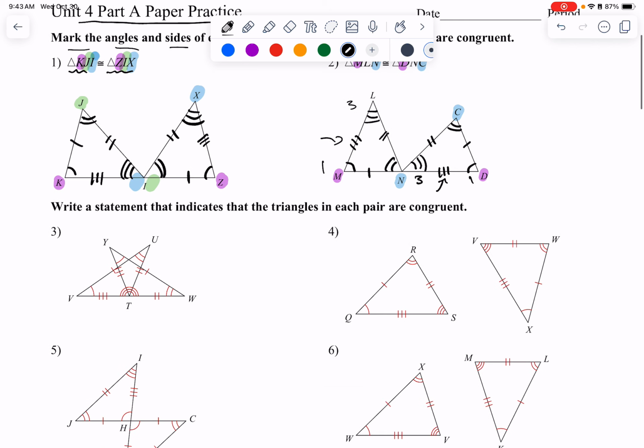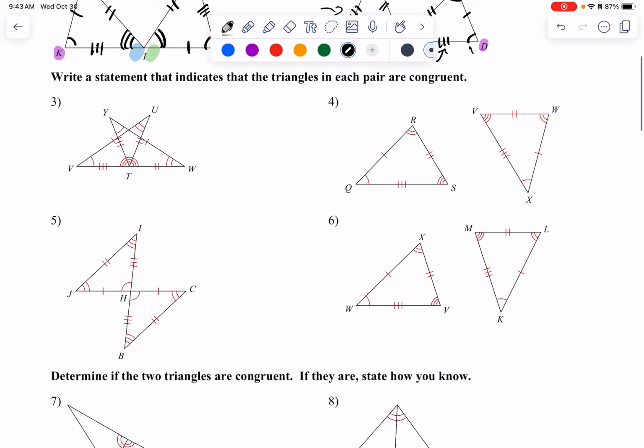There we go. All right, now for these next ones, there are multiple correct answers. But what I'm going to do is focus on the angle corners, looking for the 1, 2, 3 pattern. And then the other one here, I'll do in purple. 1, 2, 3 pattern. Now this triangle is overlapping a whole lot.